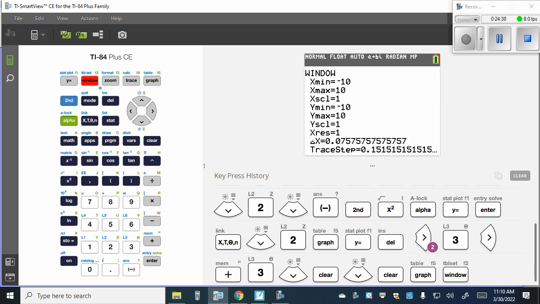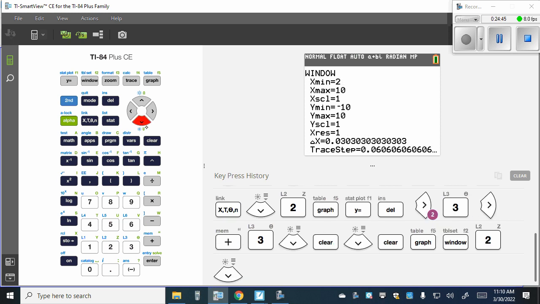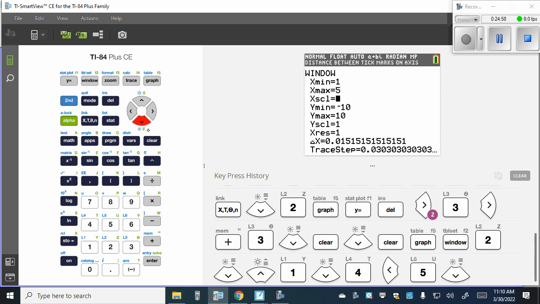Let's mess with the windows. So, and look from 1 to 5. We're just zooming in on this spot here. So that's a distance of 4.